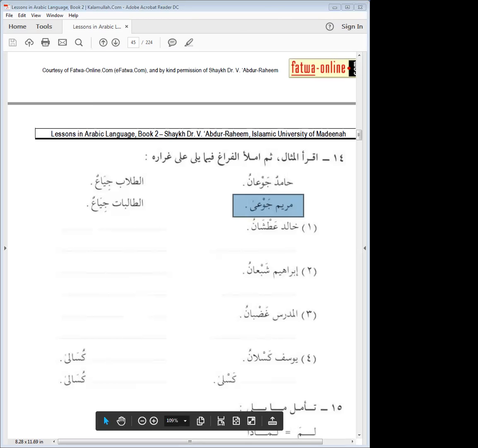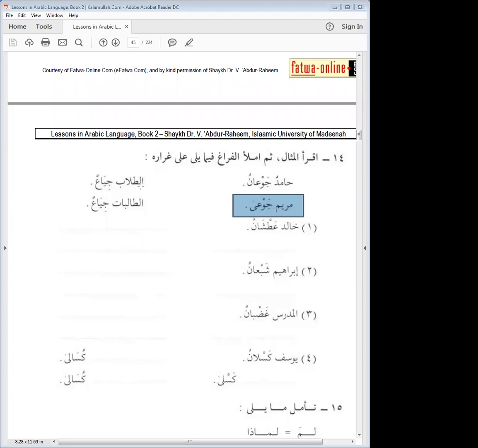Just give me one second, just checking something on my computer here. Tullabu, Jiya'un. At-talibatu, Jiya'un. Right? Next one, we have Khalidun, Atshanu. Then you have Khadijatu, Atsha.